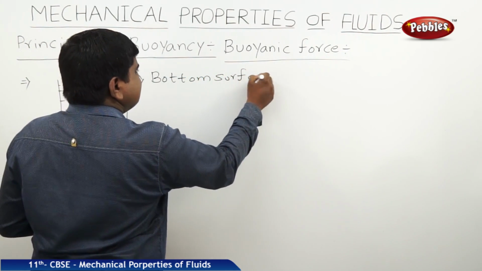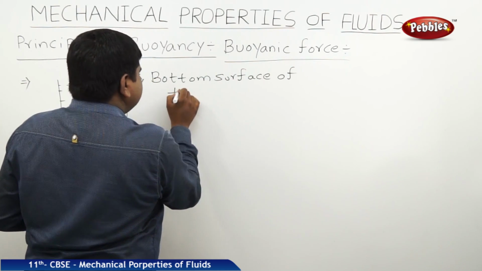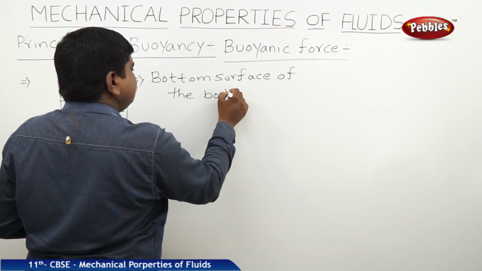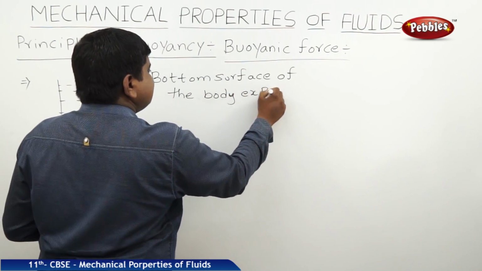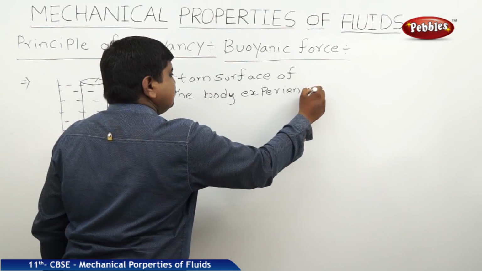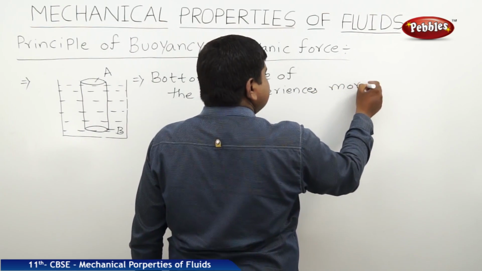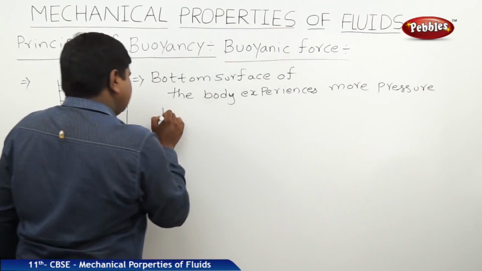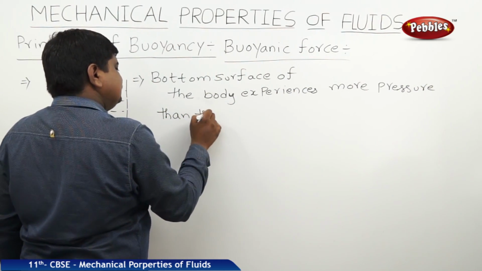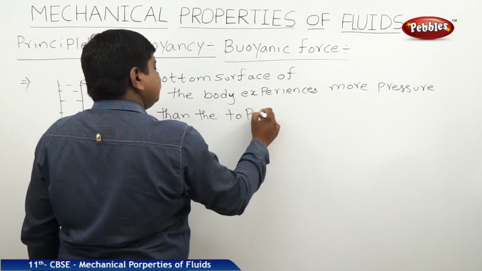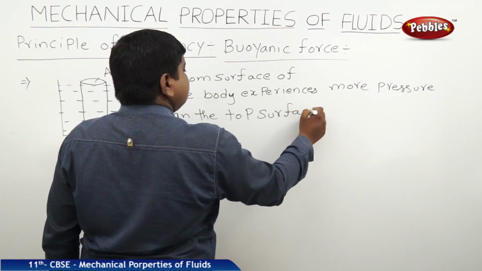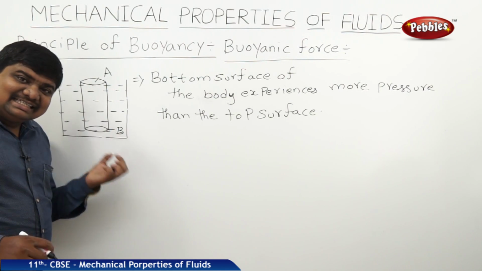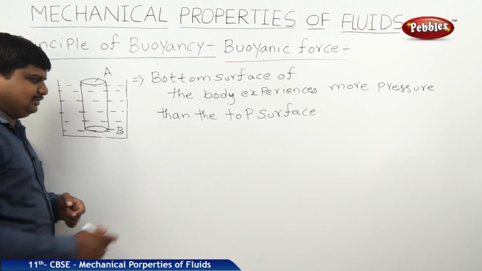The bottom surface of the body experiences more pressure than the top surface. The only reason behind this is that pressure is directly proportional to the depth.